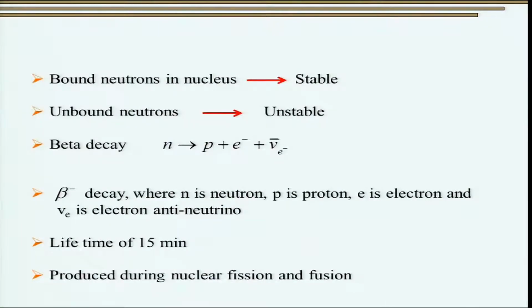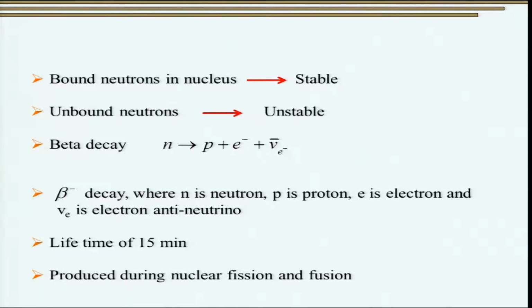Okay. So, moving ahead, we also know that the bound neutrons in the nucleus are absolutely stable. However, the unbound neutrons, which are not associated with the nucleus, are highly unstable. What exactly do I mean when I say that they are unstable? Well, the neutrons undergo what is known as beta decay.